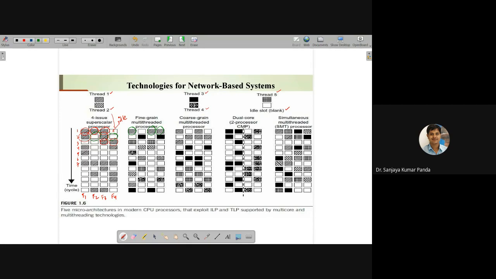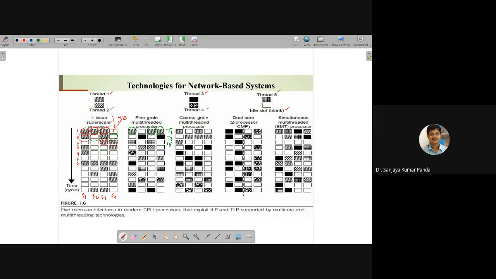For example, here I am executing thread 1, if T1 is the representation of thread 1. In the next one, I am executing thread 3. Next one, I am executing thread number 5, and so on. So with respect to different clock cycles, you can execute different threads.